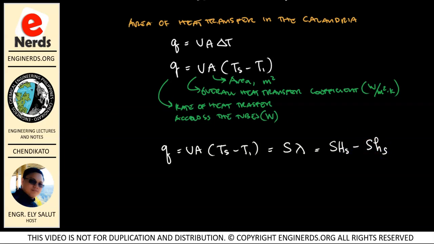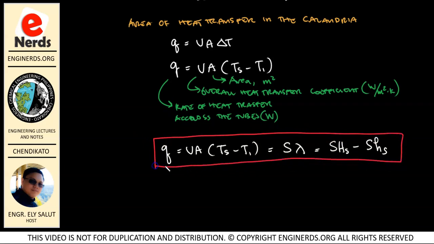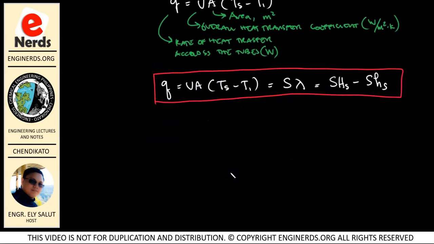Okay, so we have to take note of this equation. Okay, gagamitin natin yan. In fact, napakaraming problem na ganito if you are going to look sa mga textbooks. So we're going to use this in the problems that we're going to solve sa mga next videos natin.